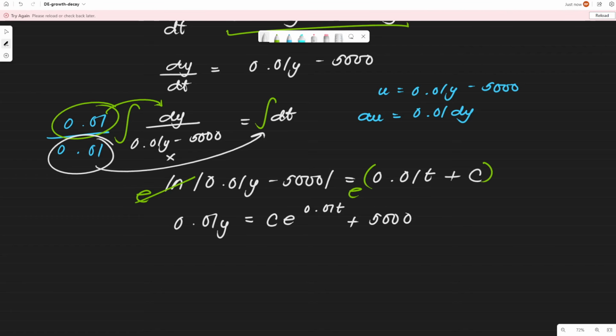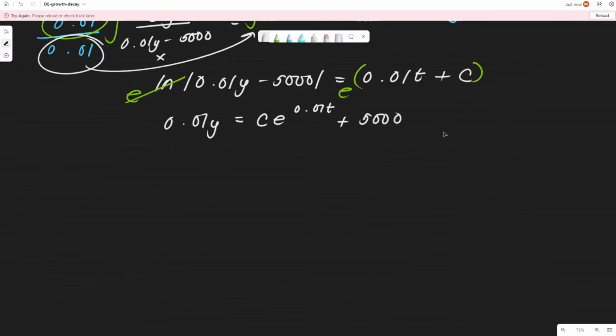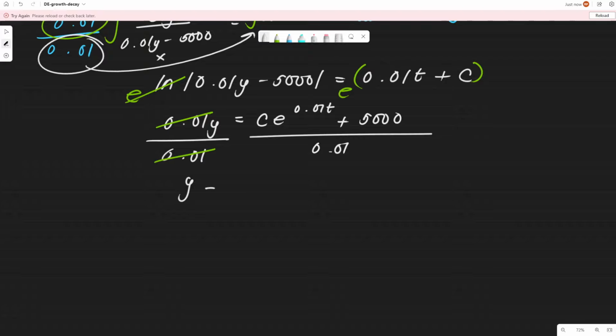Okay, so we can just simply divide both sides, no, by 0.01. So we can cancel this one. Y is equal to c over 0.01 is just also another c. Let's just put it as c sub 1.